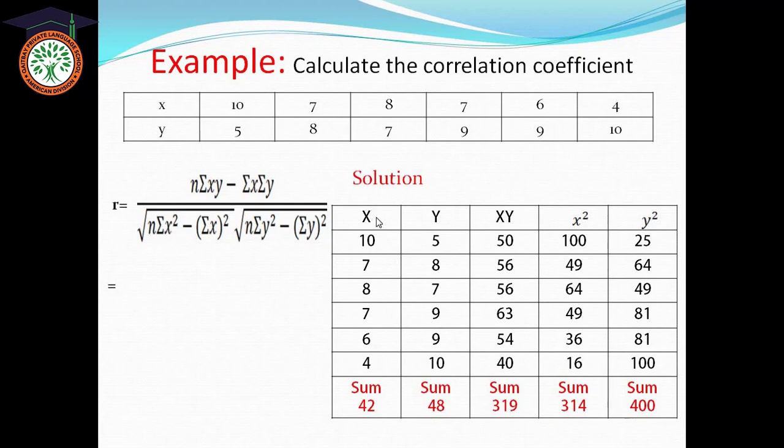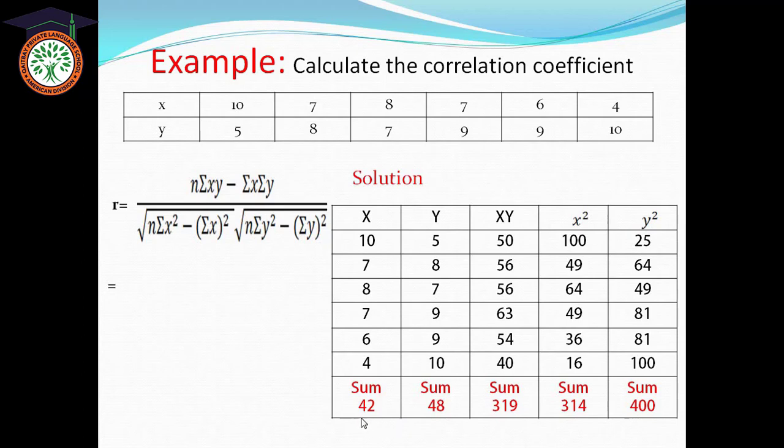First column, all the values of X. Second column, values of Y. Third column, the product of X times Y, which you get by multiplying X times Y. Fourth column, X squared. You can get it by multiplying X times itself, like this one here, 10 times 10 gives me 100. Last column, Y squared, from Y times Y.